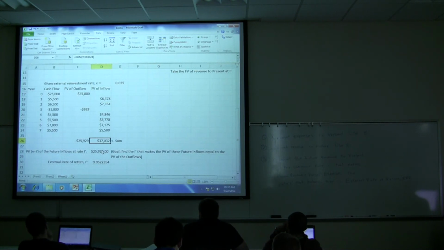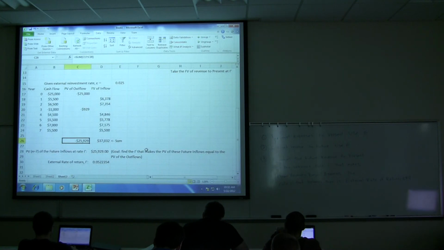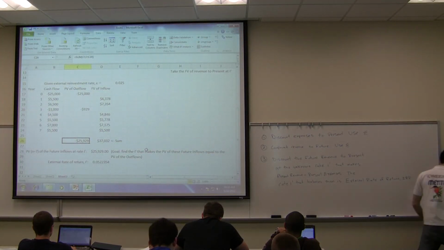I'm going to take the present value at the unknown interest rate down here, external rate of return. And so I play around with that until this amount converted to the present is equal to the outflows of the present. Don't worry, you have more opportunities to practice this.